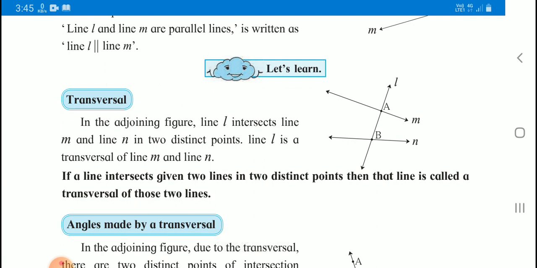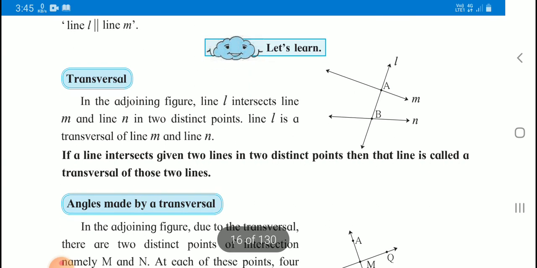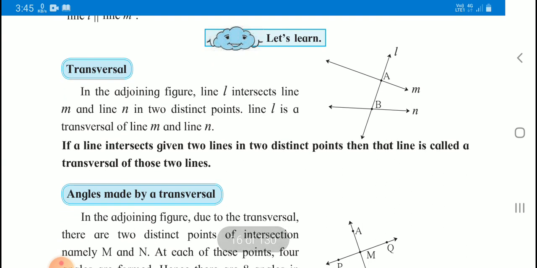These points are point A and point B. Means line L intersects line M at point A and line N intersects line L at point B. So line L intersects line M and line N in two distinct points.